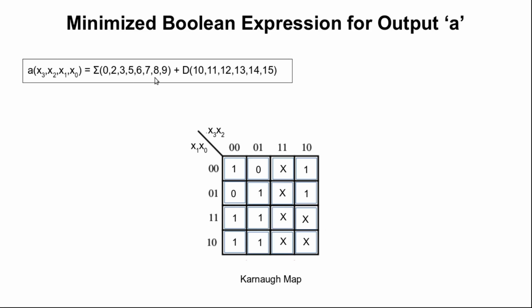Whatever minterms are listed here, I have made equal to 1. Then we have don't care conditions, which are 10, 11, 12, 13, 14, 15. These 6 are don't care conditions, and the remaining minterms are equal to 0.